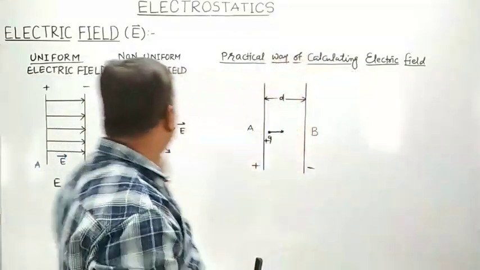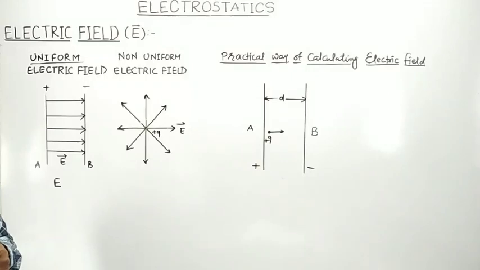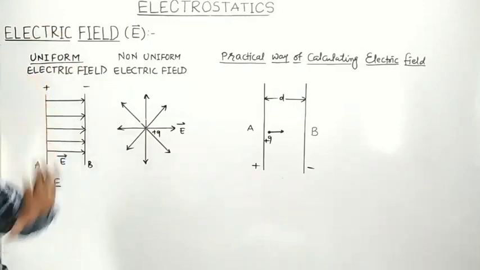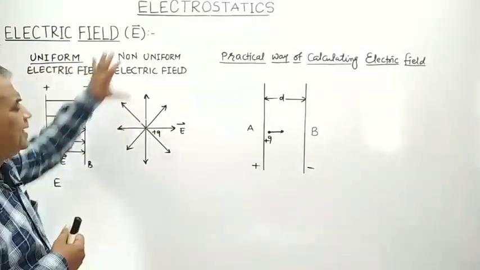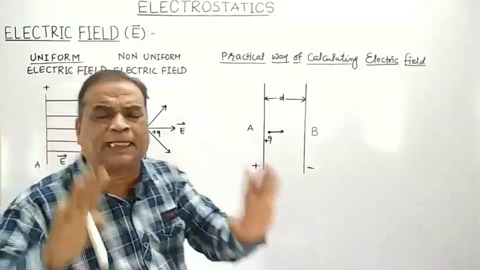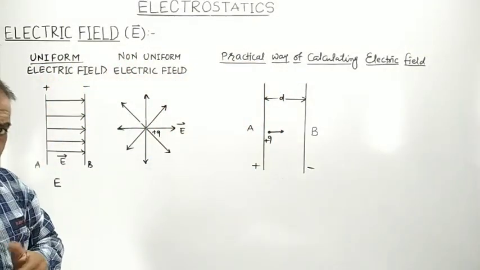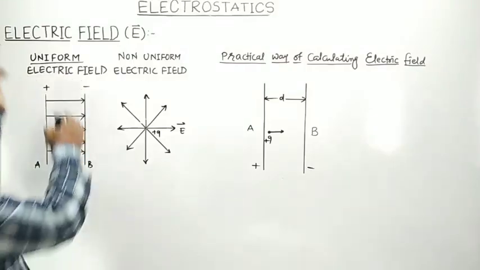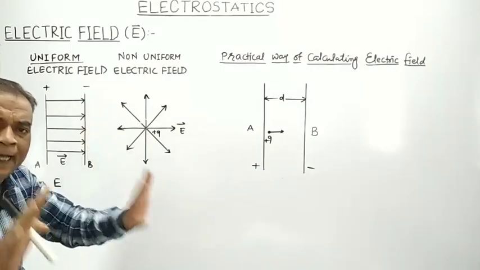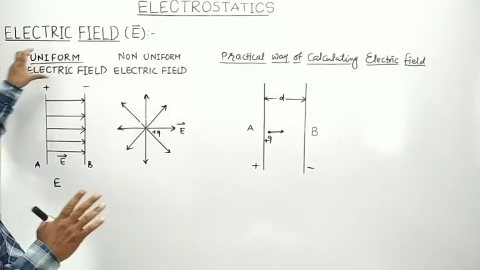The electric field whose magnitude as well as direction is the same at all points is called a uniform electric field, while the electric field whose magnitude as well as direction are not the same at all points is called a non-uniform electric field. Remember carefully, the electric field whose magnitude and direction are the same at all points is called uniform electric field.